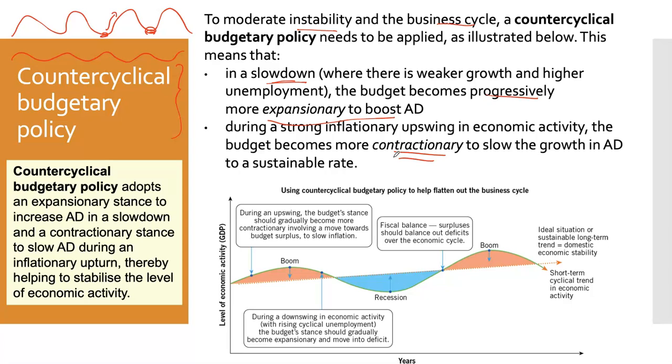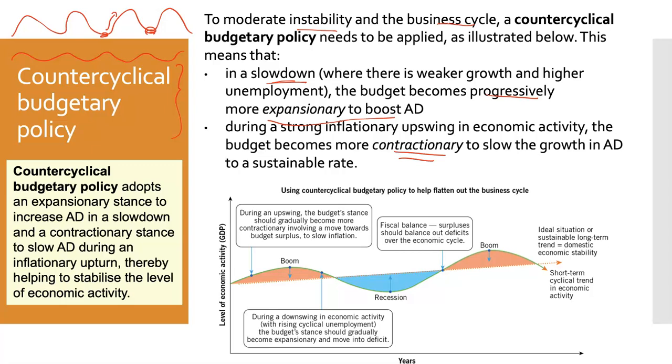So as the cycle is experiencing peaks or good times, we will see surpluses. So it's counter-cyclical, and that's trying to drop the economy's economic activity. And if the economy is struggling, we're in a part of the business cycle like a trough where there is not much activity, using budgets to expand is what is used.